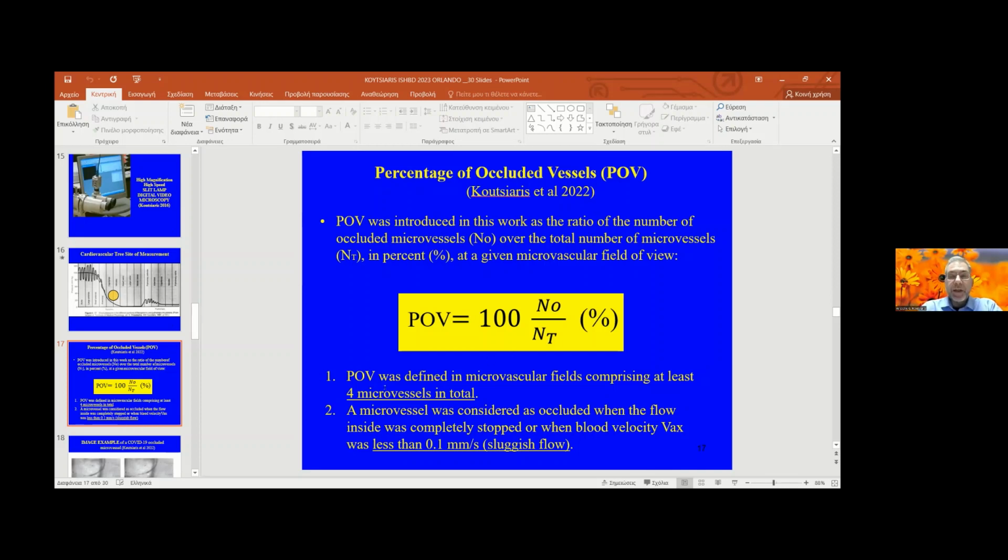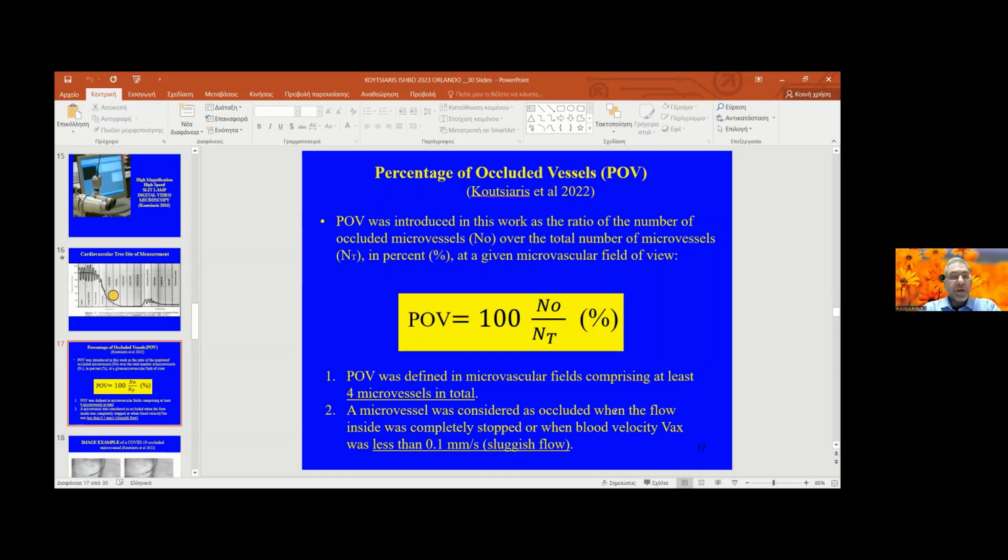POV was defined in fields comprising at least 4 microvessels in total, and the microvessel was considered as occluded when the flow inside was completely stopped or when blood velocity was less than 0.1 millimeter per second.